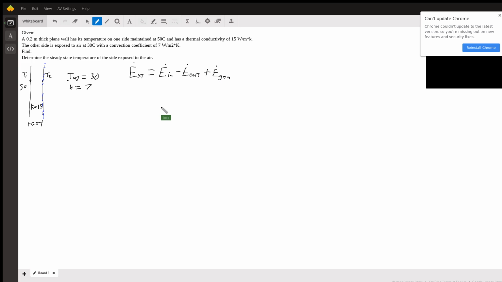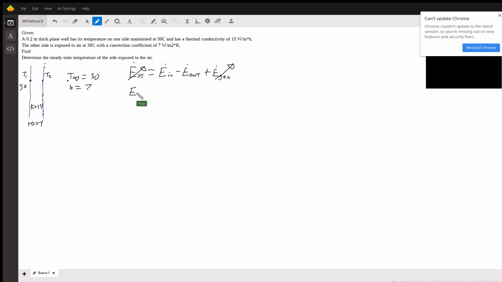Now, if it's steady state, there won't be anything stored. And because I'm doing a control surface, it's infinitely thin, so we can't have anything generated in an infinitely thin space.